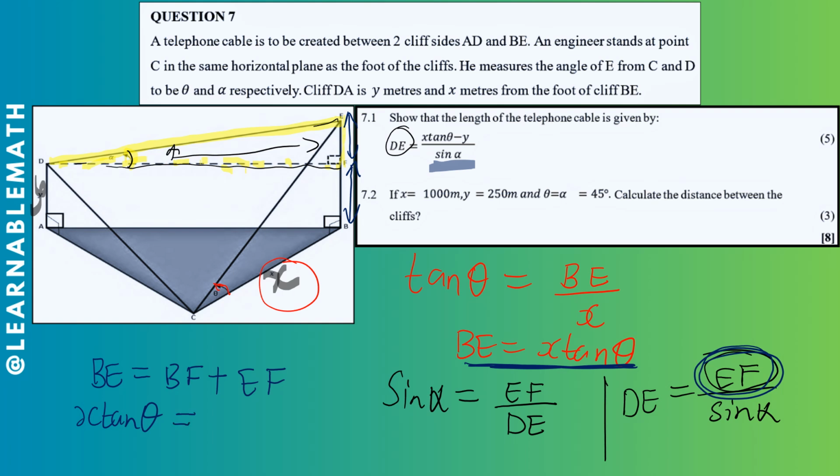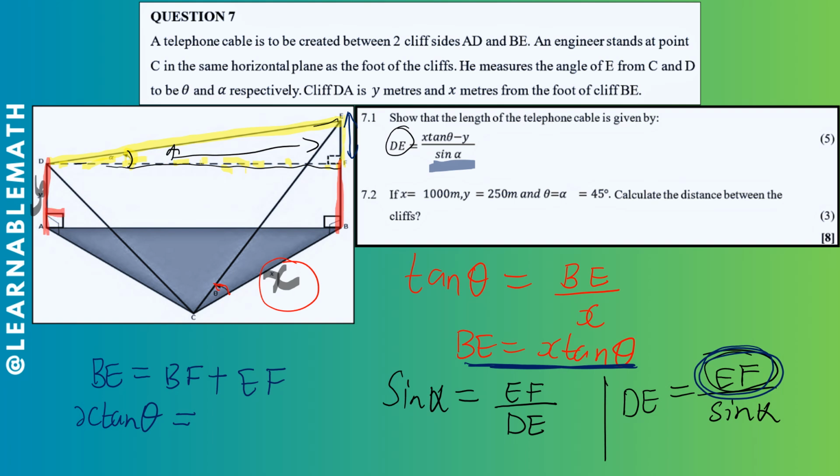BF, there's something in relation to BF and y. Check here. Hopefully you'll be able to see this. Maybe let me use red color. So if you check BF here, this length and this length, can you see that they are the same, right?